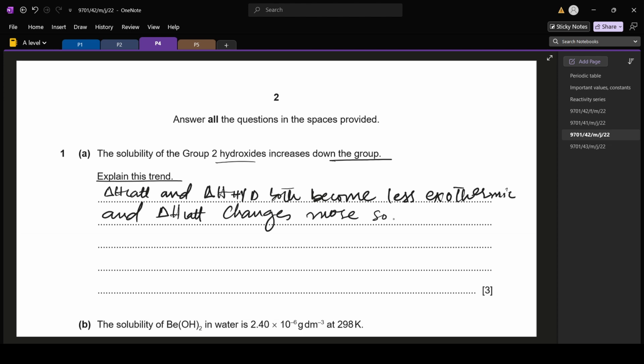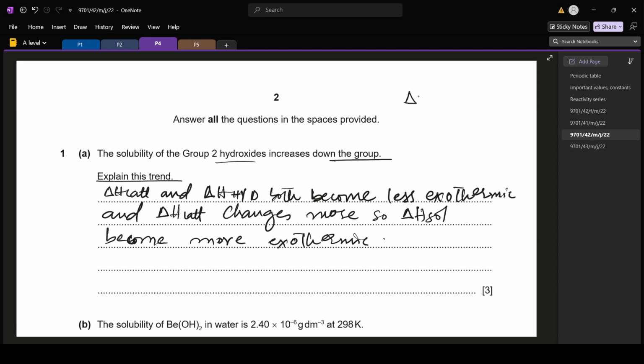So the enthalpy change of solution becomes more exothermic.